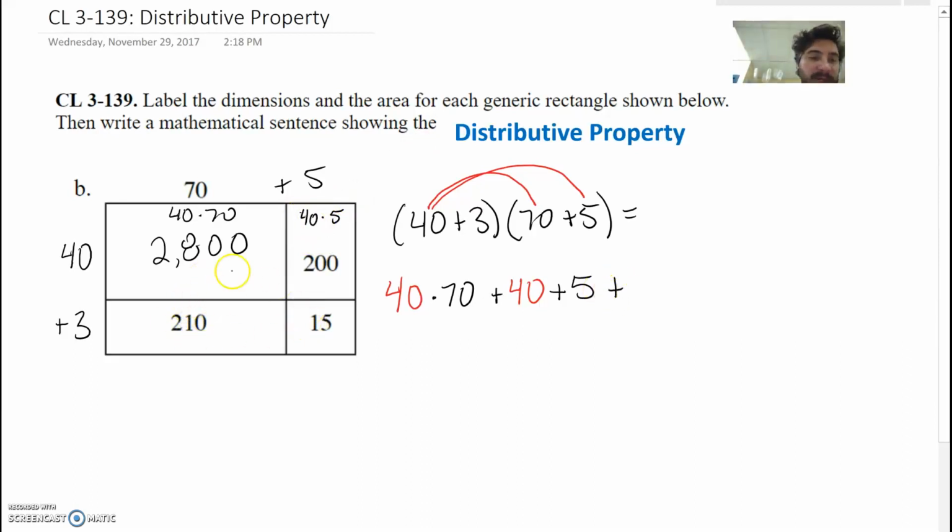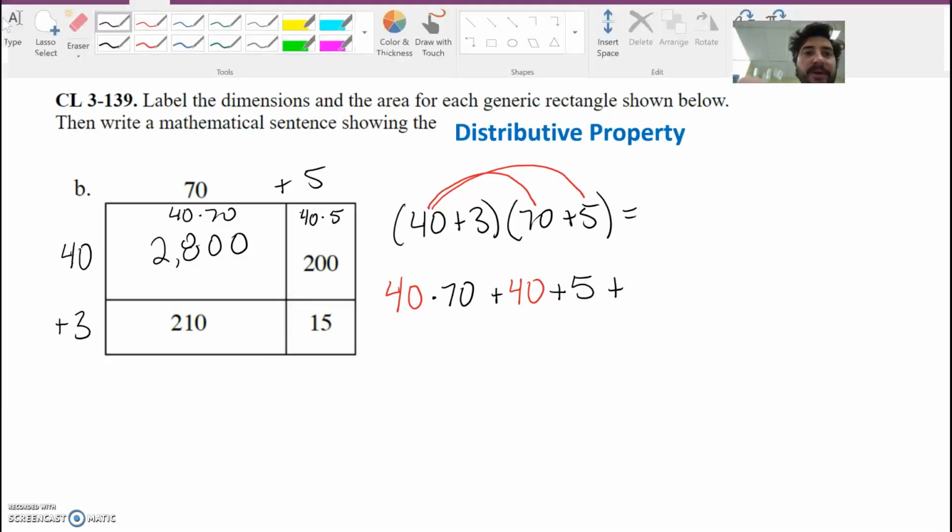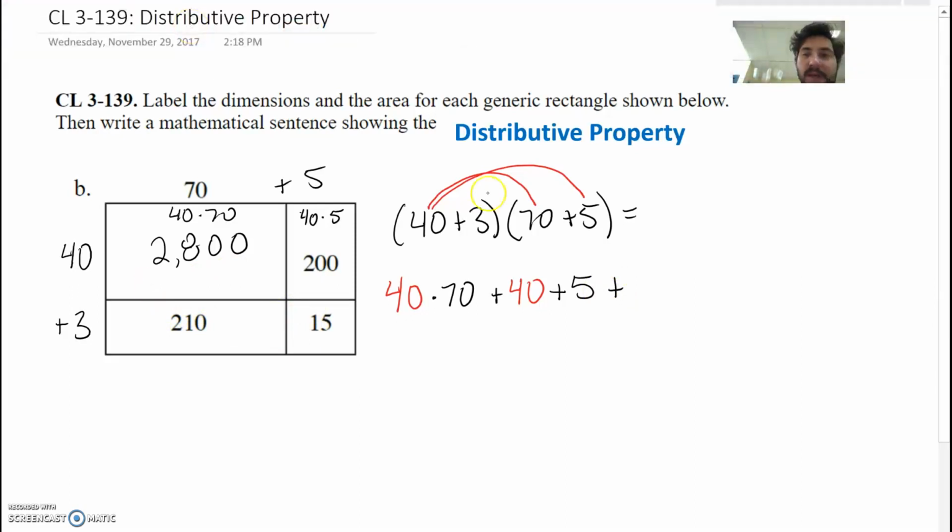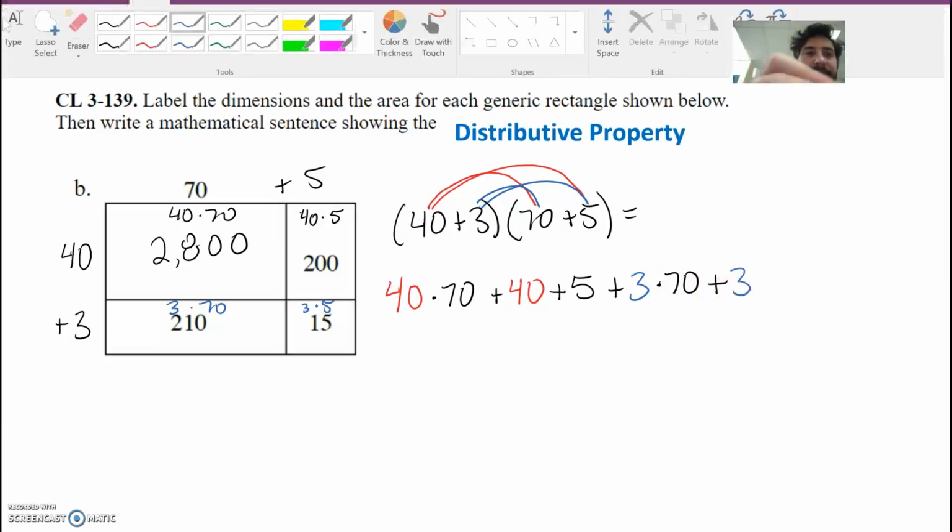Well, we got it by multiplying 3 times both of these. We got it by multiplying 3 times 70 and 3 times 5. So 3 times 70 plus 3 times 5.